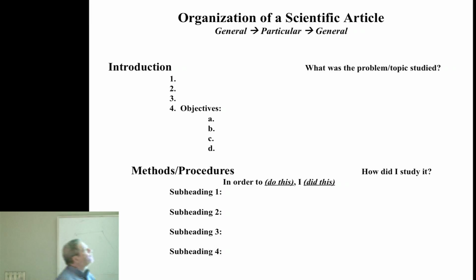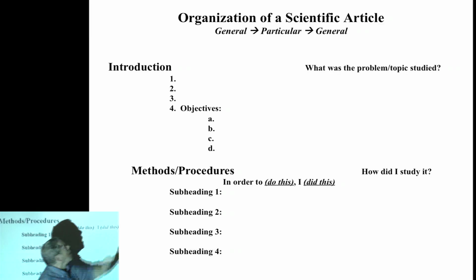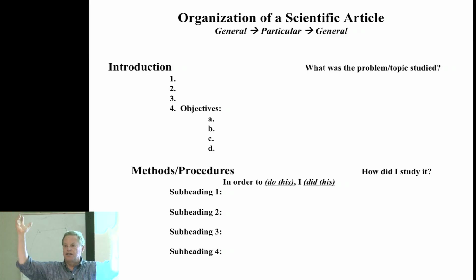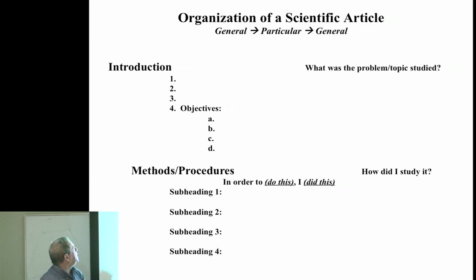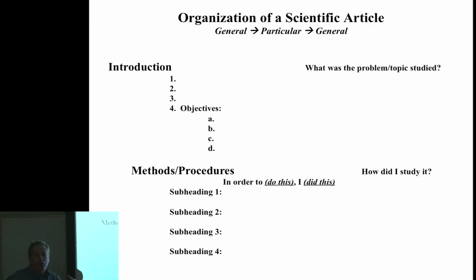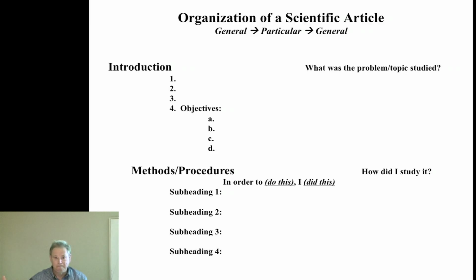So for example, the first is, what was the problem or the topic that I studied? Now, when we do an introduction, we go from the broad to the specific. And we end up with 4 or 5 or 3 objectives.